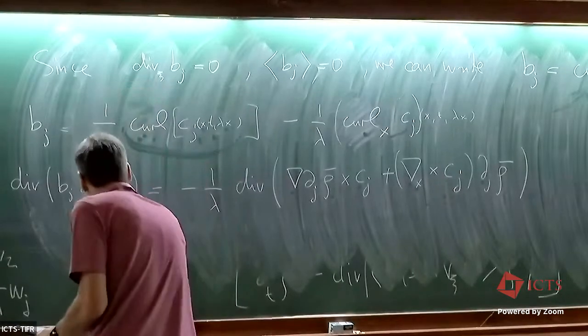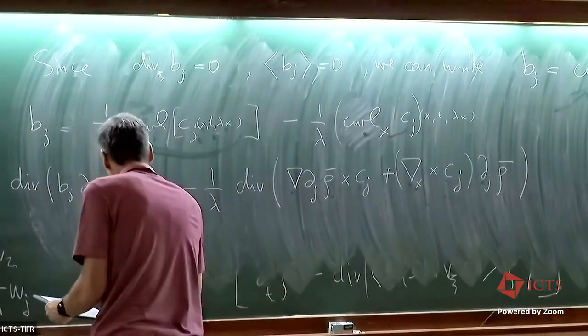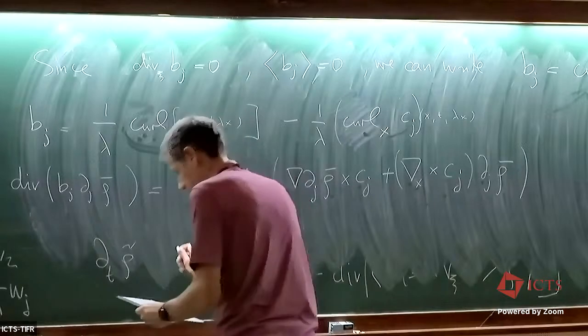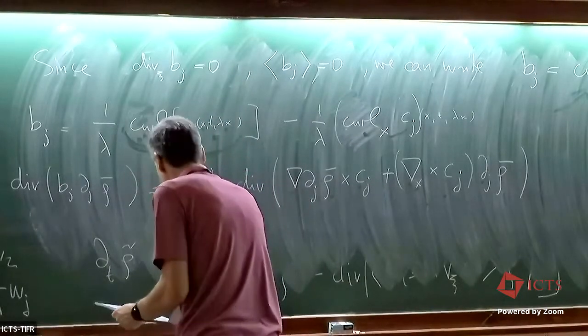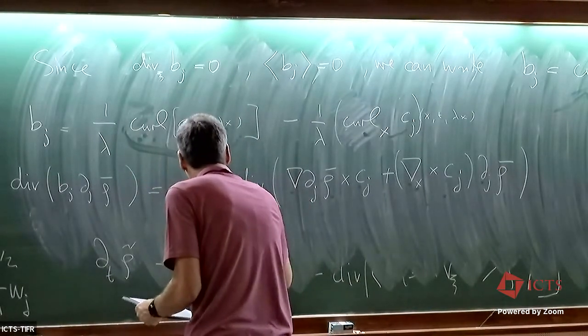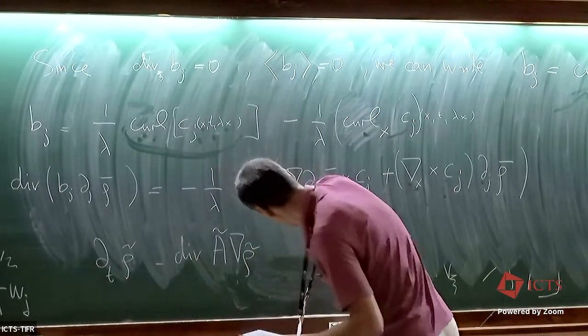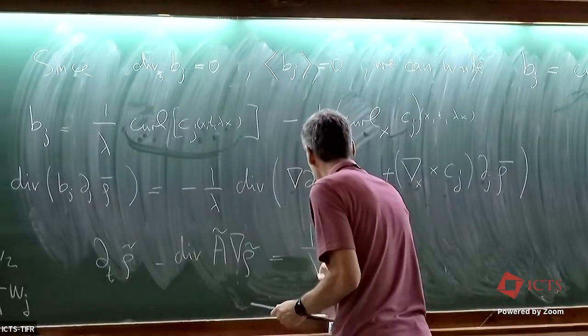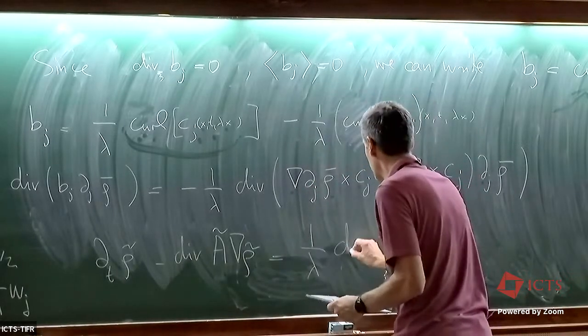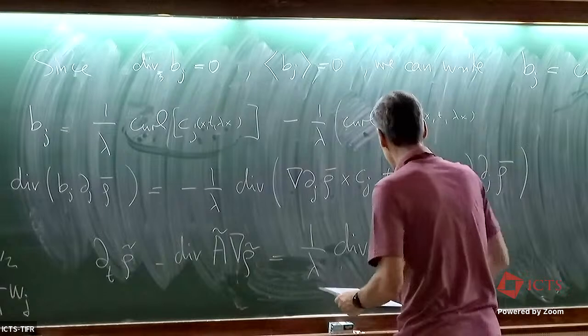And so finally, we have the situation that there is the 1 over lambda. So we can write this equation for this corrector term. It has the form 1 over lambda times divergence of something, f.